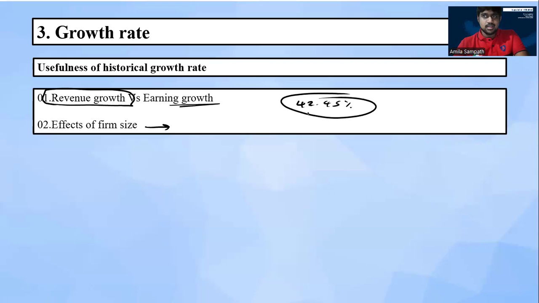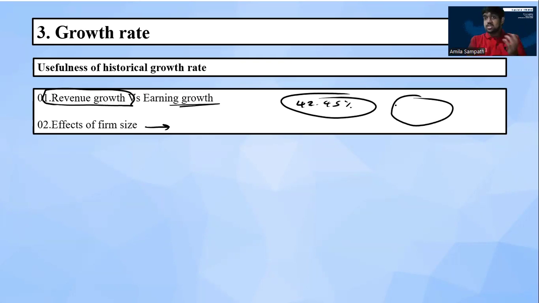Is it achievable? Can we achieve a growth like 42.45%? No, it is not practical, especially for large-scale businesses like Nestle or Unilever, because it is nearly 50% growth within a year.